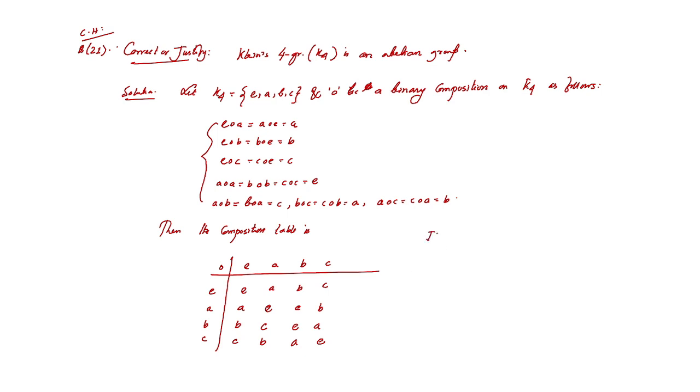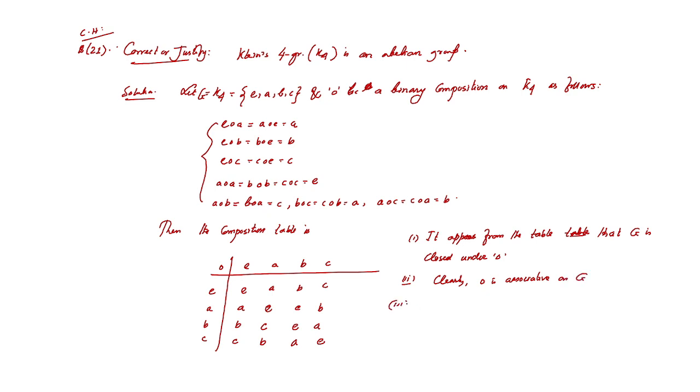So we write: it appears from the composition table that G is closed under the binary composition ∘. And second, you will see clearly ∘ is associative on G. Clearly here you just consider G equals K4.